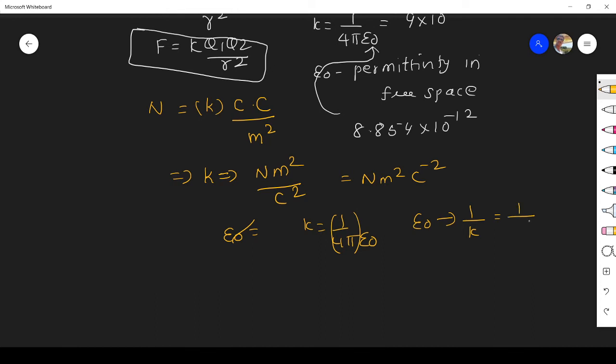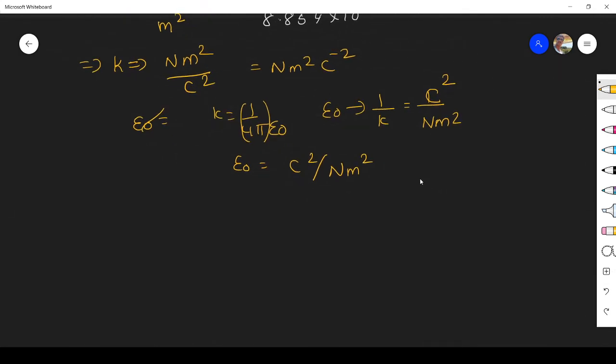So what is the unit of K? Newton meter square divided by C square. That C square I bring to the numerator. So epsilon naught has a unit of Coulomb square divided by Newton meter square. Right? So now we found the units of all the parameters in Coulomb's law.